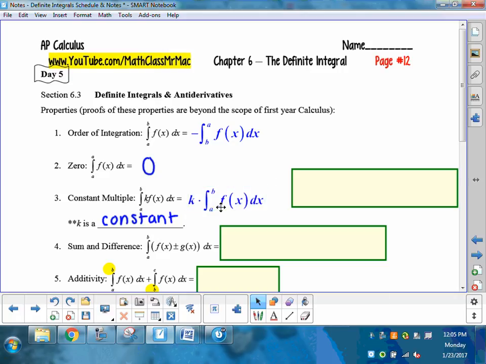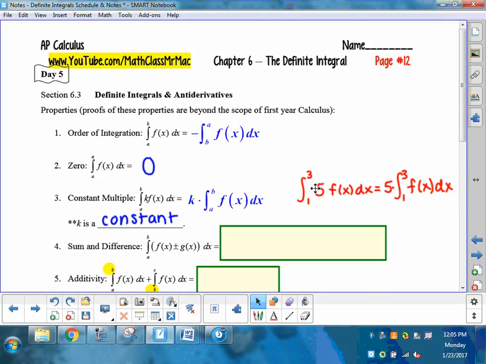If there's a multiplier in front, like 2 times f of x, you can rewrite it with that as a multiplier out front. It's just a scalar, so you take the area and multiply it, in this case, by 5. So the integral from 3 to 1 of 5 times f of x is the same as 5 times the integral from 3 to 1 of f of x. Make sure you write them down. It's not a watch and see. Make sure pencil meets paper.